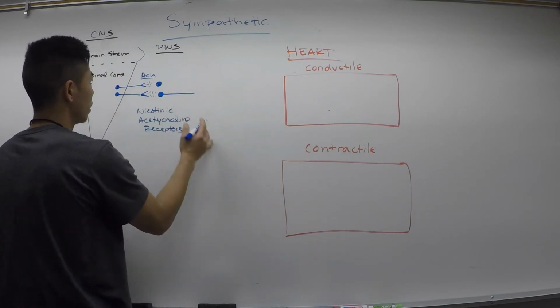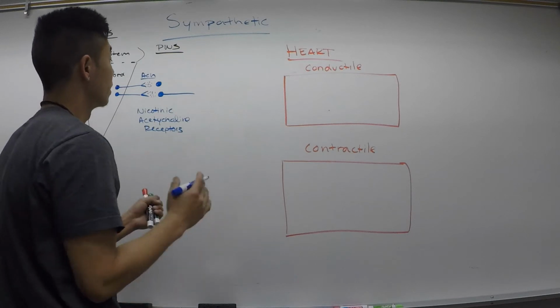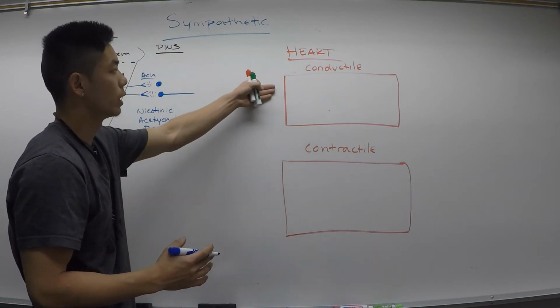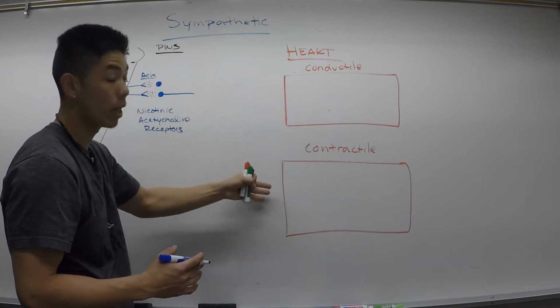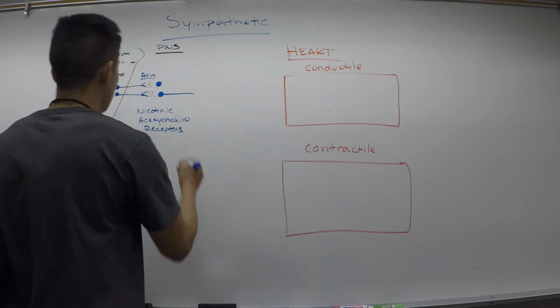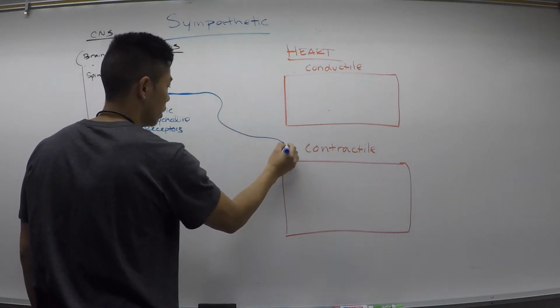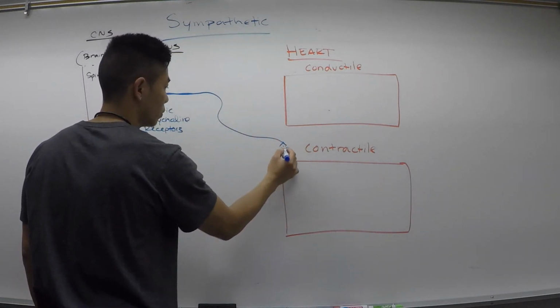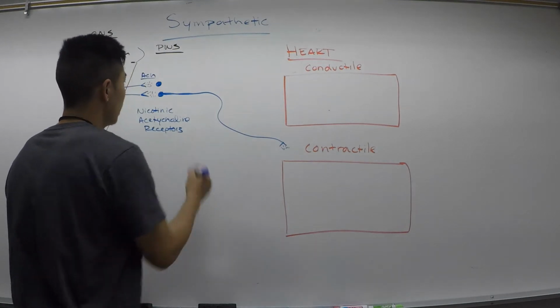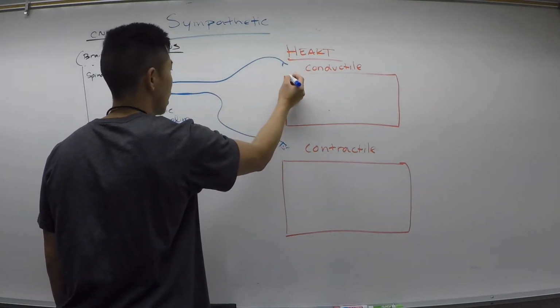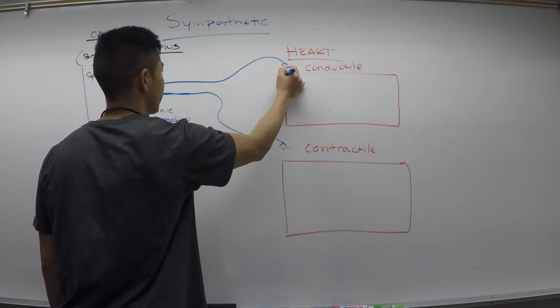And so, like I was saying, the sympathetic can deliver its electrical signal to conductile cardiomyocytes as well as contractile cardiomyocytes. And so this neuron, let's take this one, it's going to come over here, and it's going to synapse off onto our contractile cardiomyocyte, and this one over here is going to come and it's going to synapse off onto our conductile cardiomyocyte.